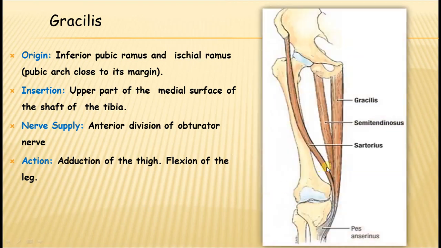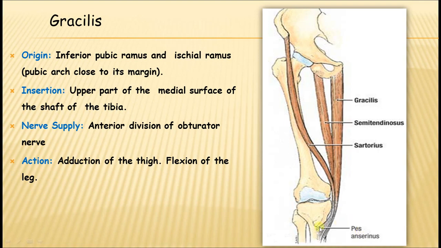If you look at the insertion of the gracilis muscle, the sartorius muscle from the extensor compartment, the gracilis muscle from the medial compartment, and the semitendinosus from the posterior compartment, these three muscles get inserted at the upper one-third of the medial surface of the shaft of the tibia, like crow's feet.